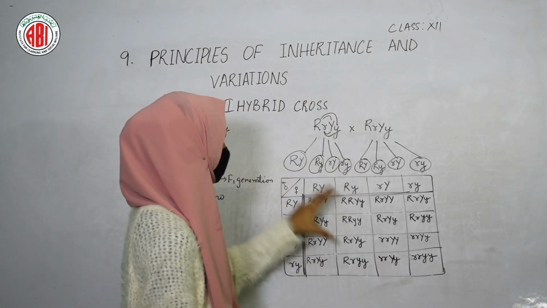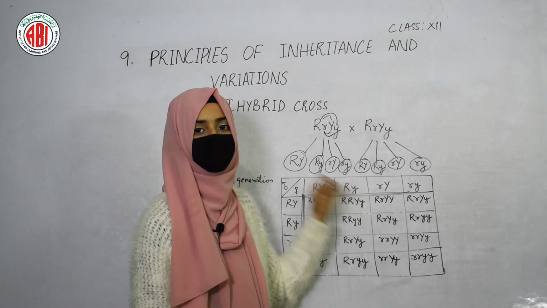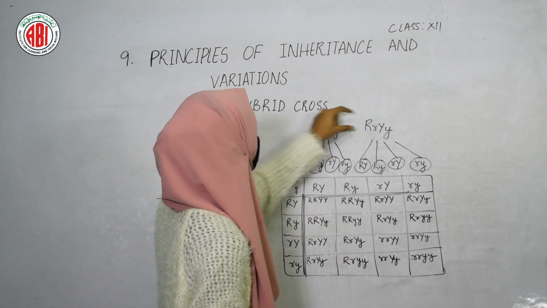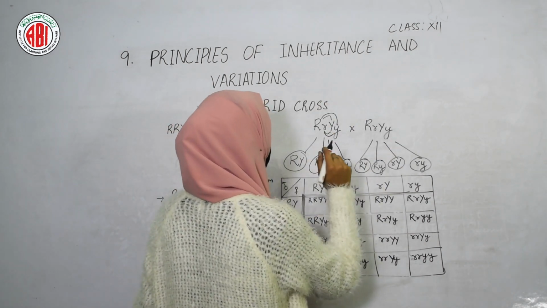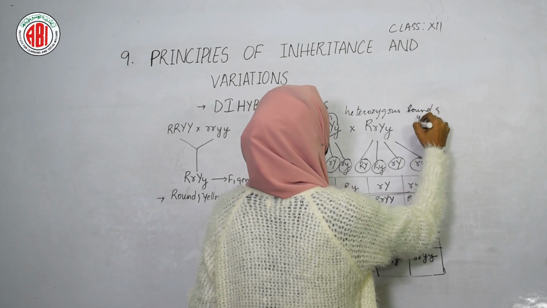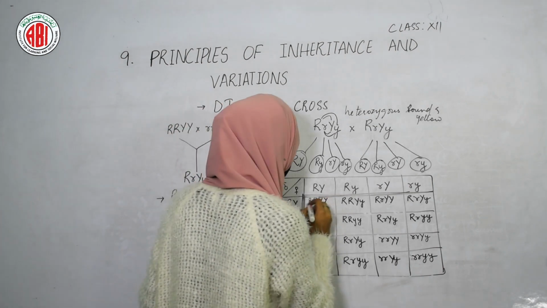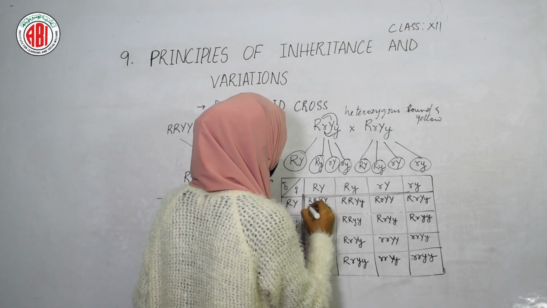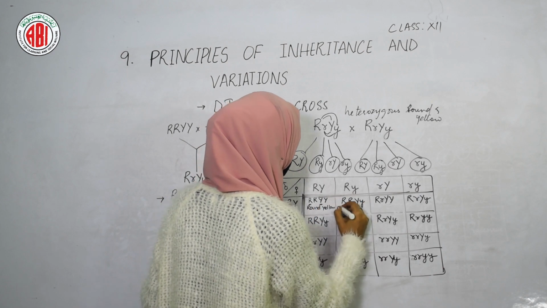These are the 16 offspring that are produced after the self-crossing between these two plants that show the character heterozygous, round and yellow. Now, let us see the different offspring that are produced in the F2 generation. Here capital R, capital Y, that means round and yellow. Here also round and yellow.